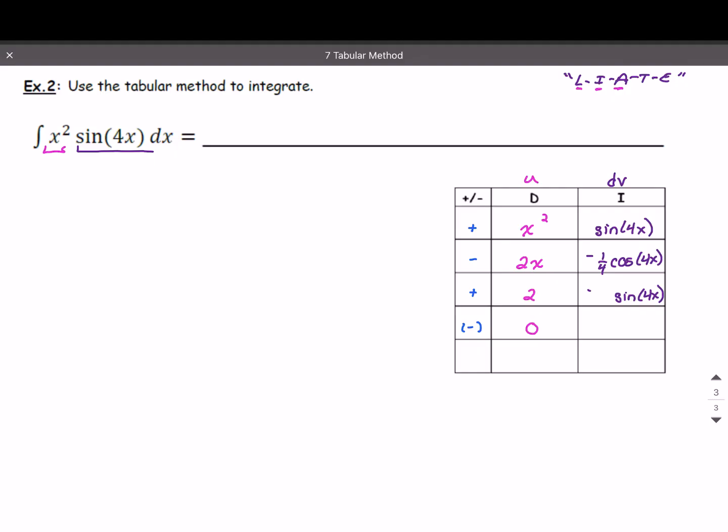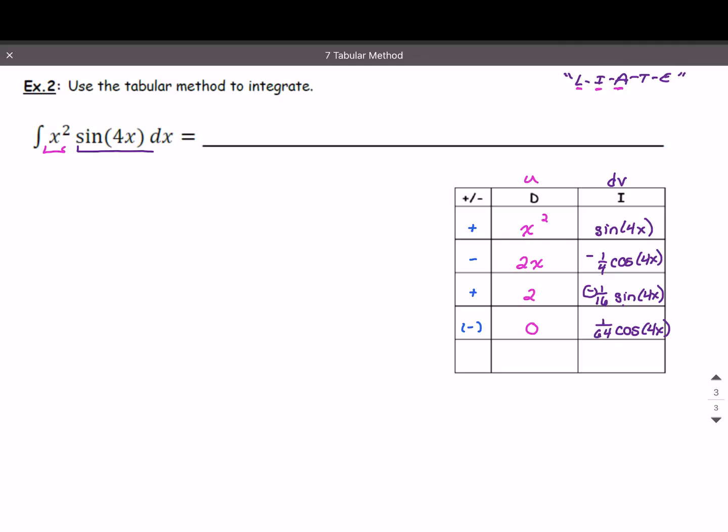So negative 1/4 times 1/4, that's negative 1 over 16. One more time. The antiderivative of a negative sine is a positive cosine of 4x. The derivative of 4x is 1/4 times the 1 over 16 is 1 over 64.